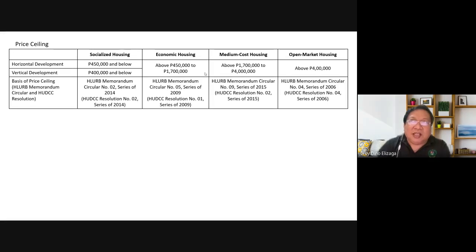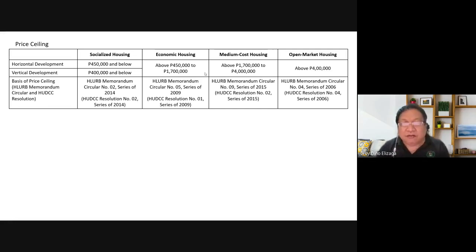Okay, so that's how our government tries to solve the problem of housing here in the Philippines. They call it partnering with the private sector.